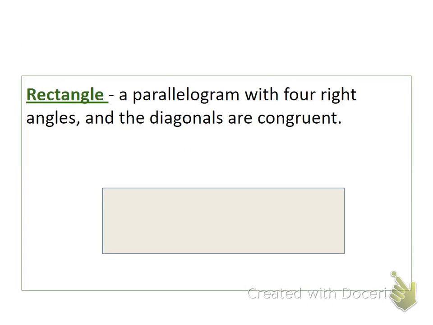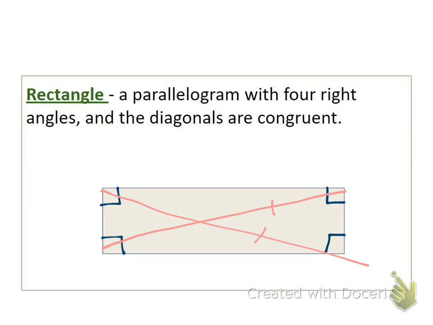A rectangle is a parallelogram with 4 right angles, and the diagonals are congruent. So that diagonal is going to be congruent to that diagonal.